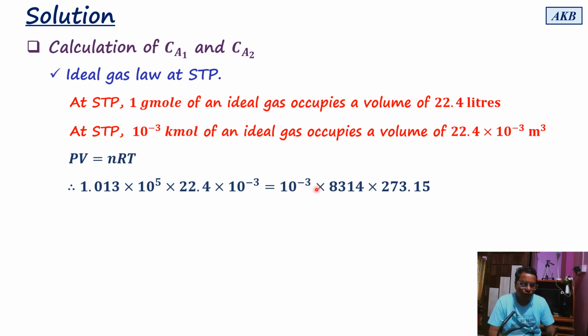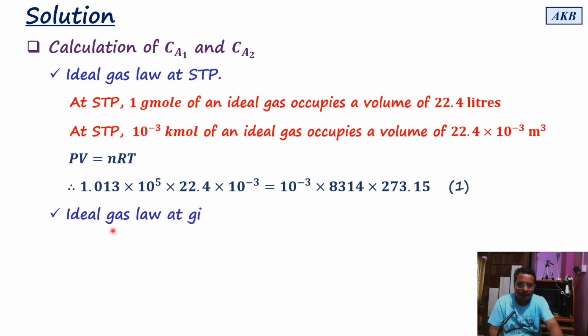Be careful while using the value of R. If you are using R equal to 8314, then pressure has to be in Newton per meter square and the amount of substance should be in kilomole. So here pressure we are using in Newton per meter square and the amount of substance in kilomole. That's why I have taken this value 8314 into temperature, that is 273.15, 0 degrees Celsius. For the time being, I am calling this relation 1.